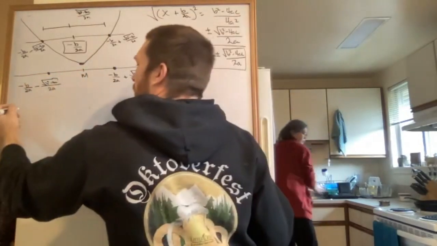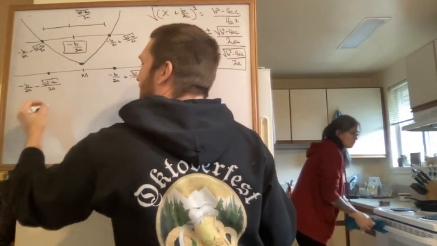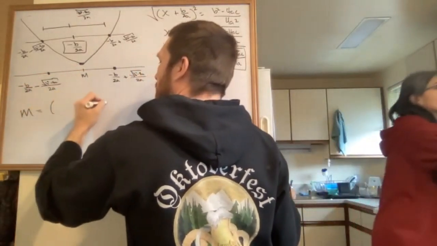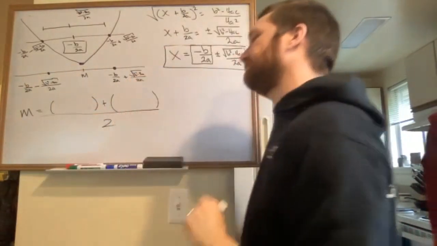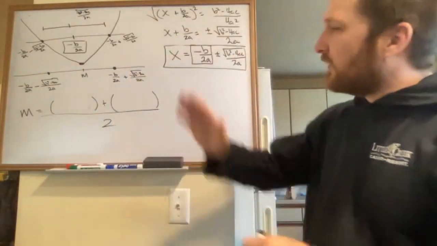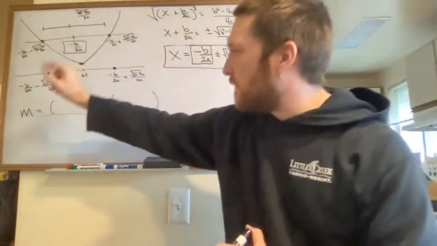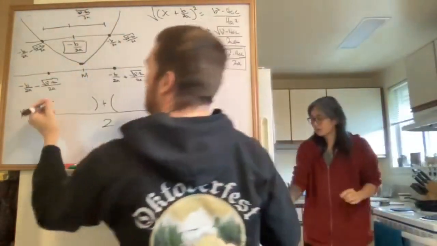We want to find the midpoint right here. We know that the midpoint is just the average of those 2 numbers, so we'll just average those 2 numbers and see what we get. The one on the left-hand side was the -b/2a minus the stuff.